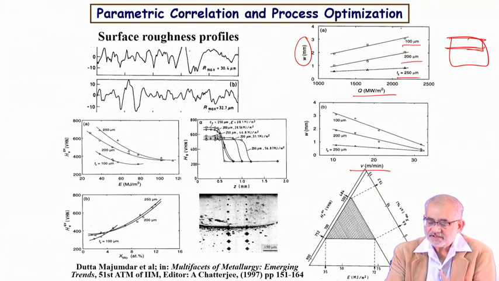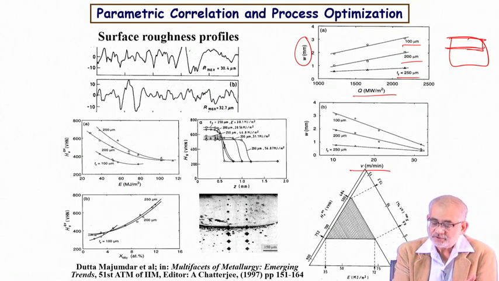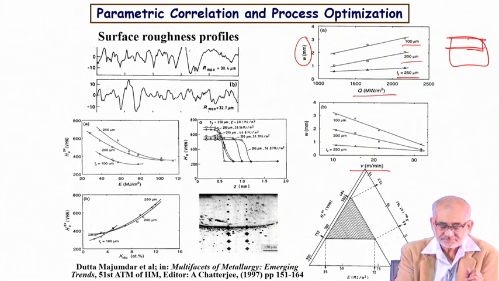So you vary all these parameters and then try to find out what is a good combination of power density and speed so that you get the right kind of thickness. Then you characterize the alloyed zone in terms of hardness as a function of vertical depth, and you see how the profile varies.